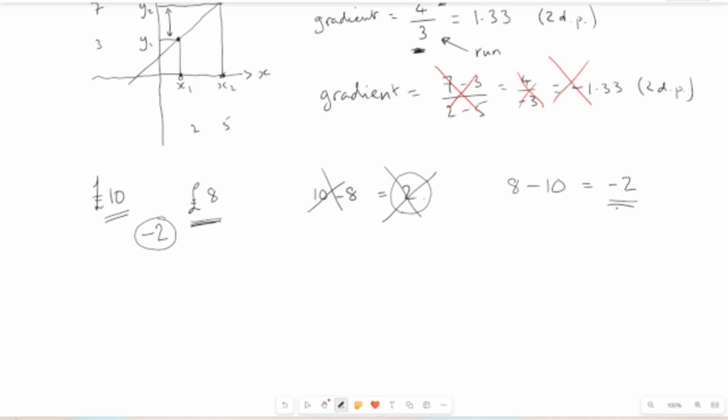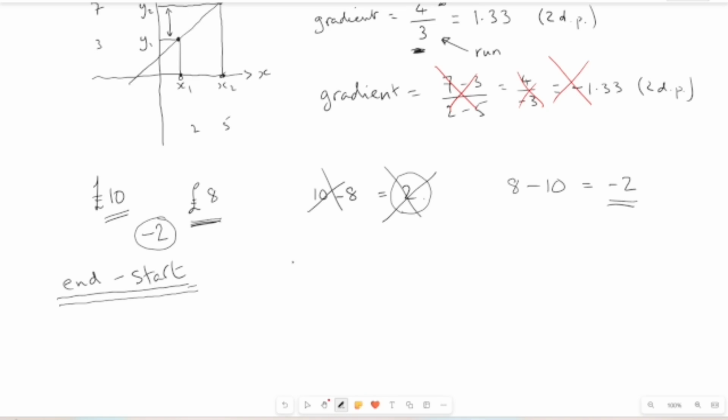It does the sign for you when you do it as end minus start. If you don't do it that way round, the signs will be wrong. So always do the end minus the start.